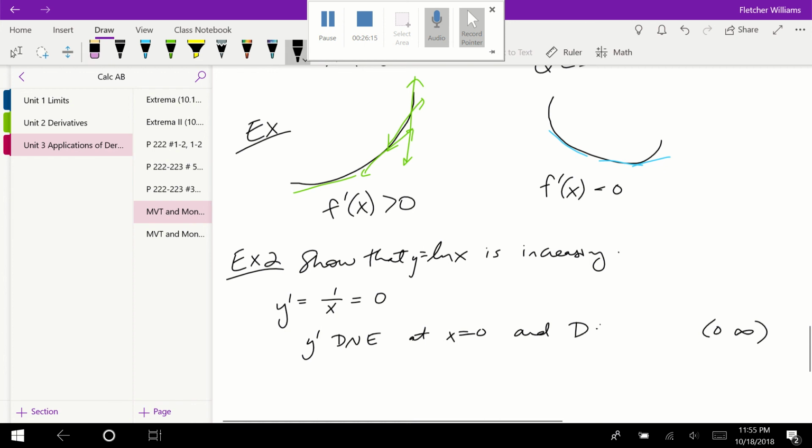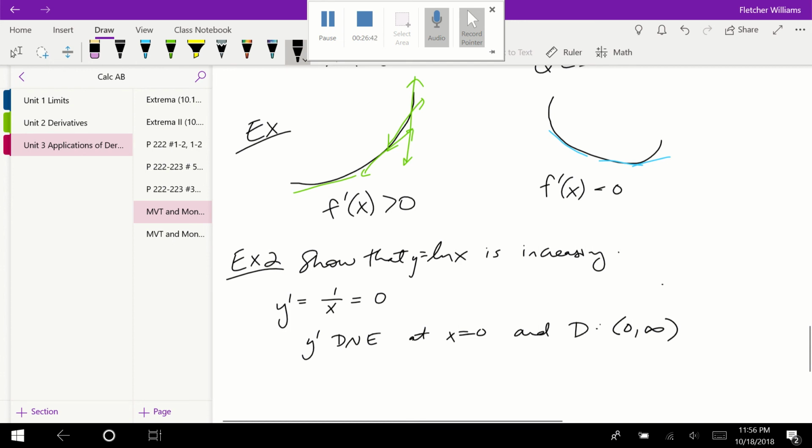The domain is 0 to infinity. And fix that. Okay. So the whole domain is only 0 to infinity, and the only critical point would be at 0, which is not on that domain.